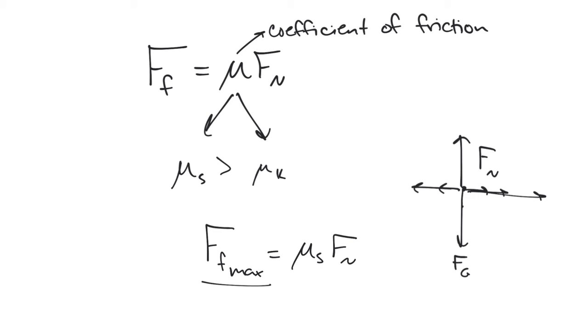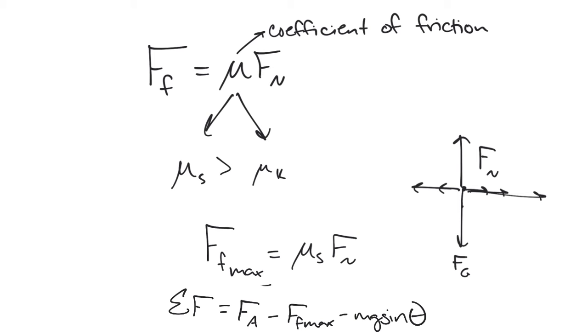So to find the amount of force required to overcome that, you'll do your sum of forces equals whatever Fa minus force of friction max. And then if you're on a ramp, there might be another force there, like mg sine theta or whatever you've got.